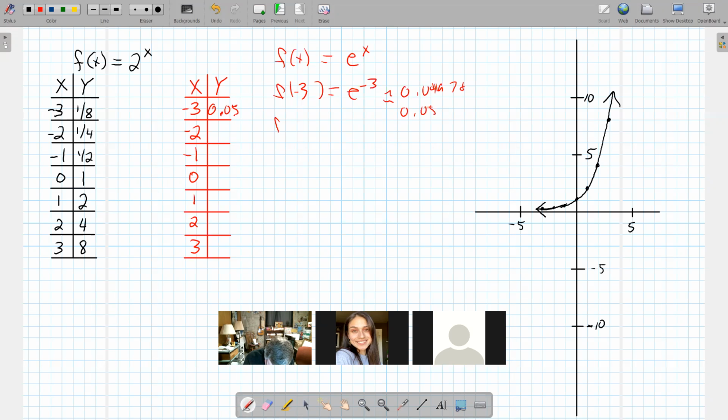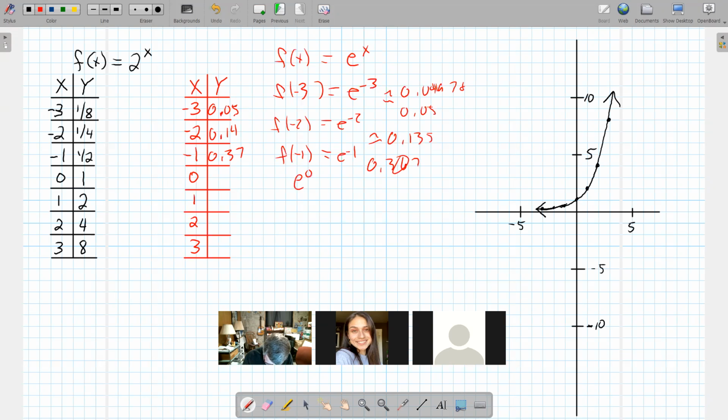Let's find f of -2. So e to the -2 power is approximately 0.135. So I'll call that 0.14. Again, rounding to the nearest hundredth. We okay? All right. F of -1 is e to the -1, which is 0.367. So we'll call that 0.37, rounding off to the hundredth.